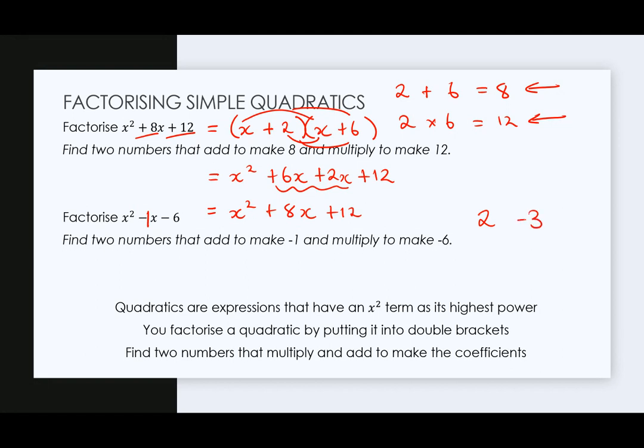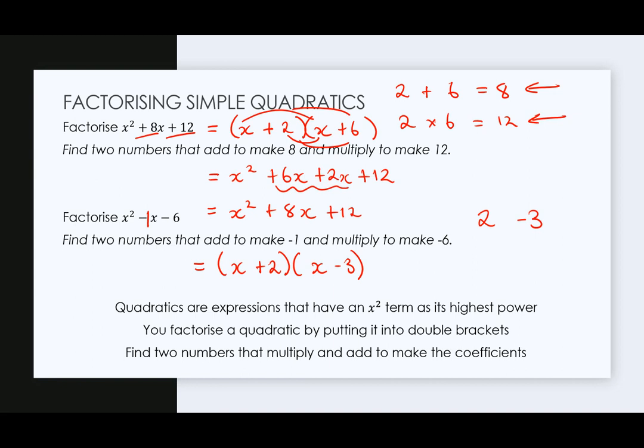However, I need this one here to be a negative because 2 times negative 3 makes negative 6. But adding those together, 2 plus negative 3 makes negative 1. That's why the negative needs to be on the 3 and not on the 2. So let's factorize that. Which you can expand in the same process as before to see that we do have the correct answer.